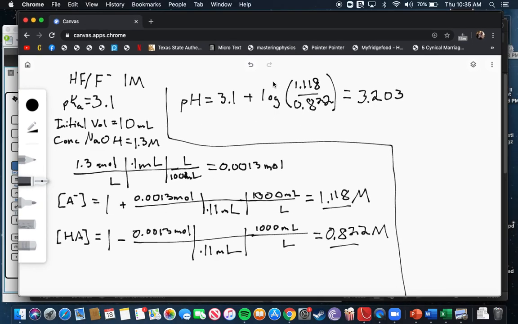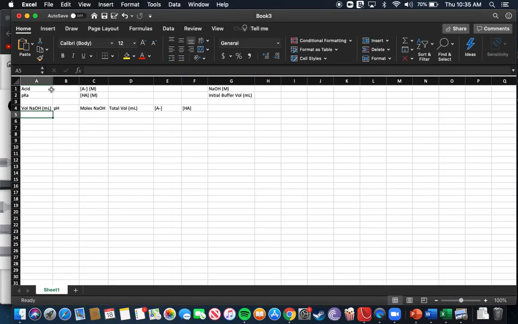Now we can easily do this in Excel instead if we set up our table like this. So first let's put in our information. We're dealing with hydrofluoric acid with a pKa of 3.1. The initial concentrations of our acid and conjugate base are both 1 molar. And the molarity of our titrant is 1.3 molar.